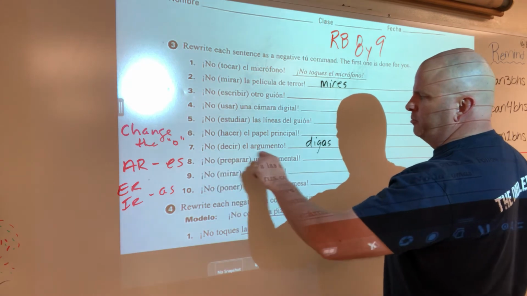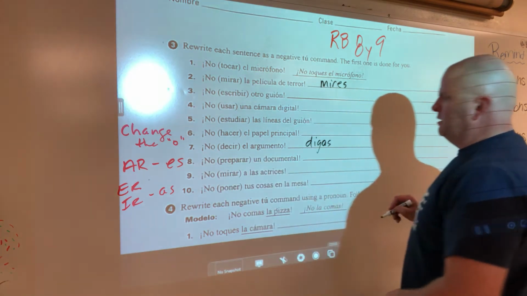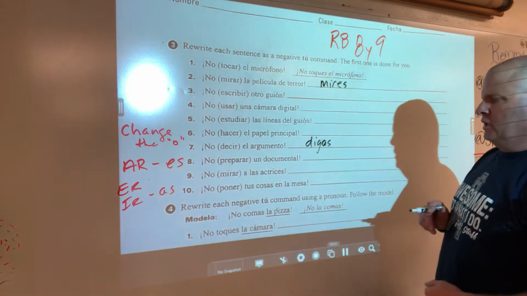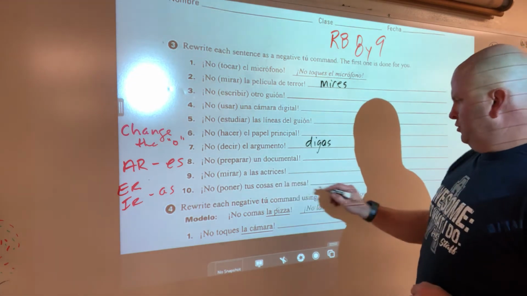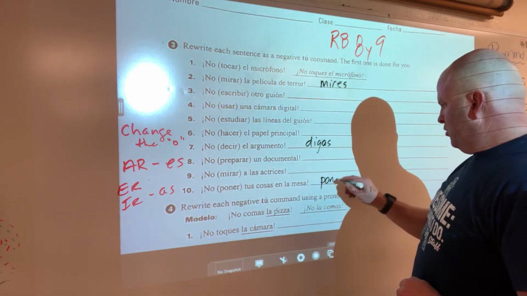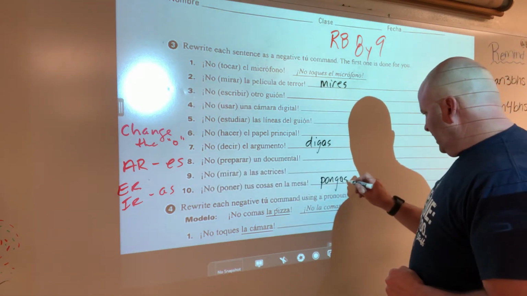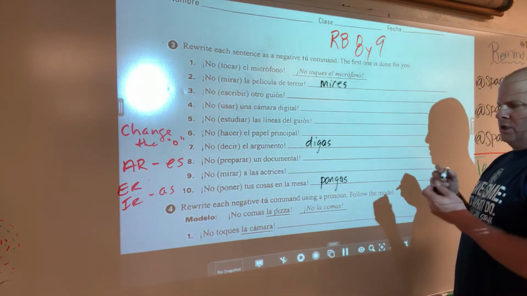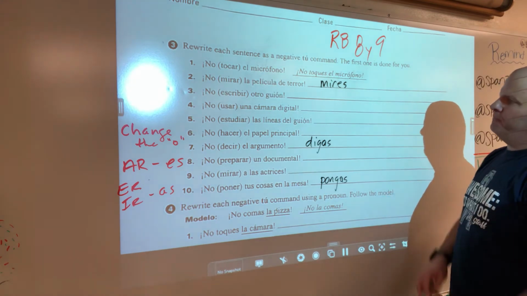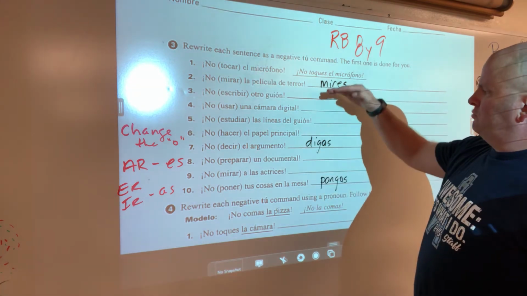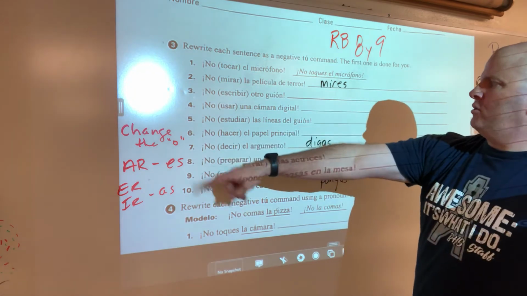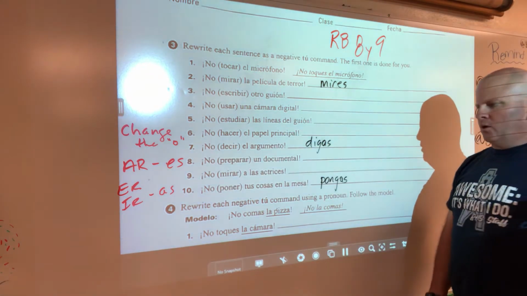Don't tell me the plot of this movie. Pongo, we'll do this one. We change the O to AS, so pongas. My answer is no pongas tus cosas en la mesa. Again, just write the yo form and then change the O depending on if it's an AR, ER, or IR verb.